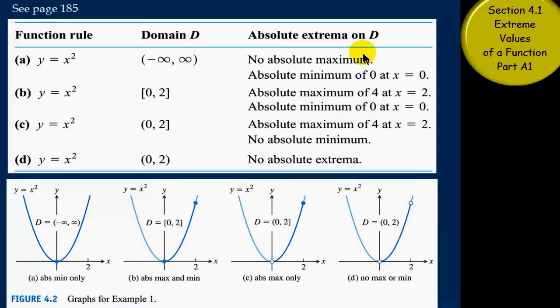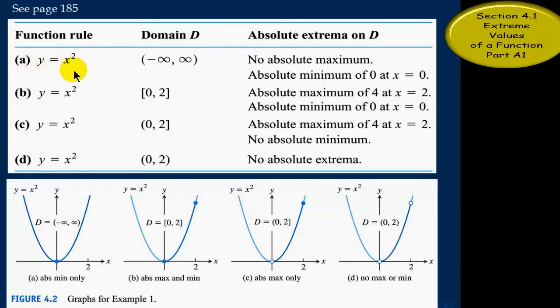Okay, this is based on page 185 of your textbook, where they took the function y equal to x squared and looked at different domains to find out whether in a particular domain there is an absolute maximum or an absolute minimum. Now let's look at letter A. In letter A, we have that y is equal to x squared on the whole real line.